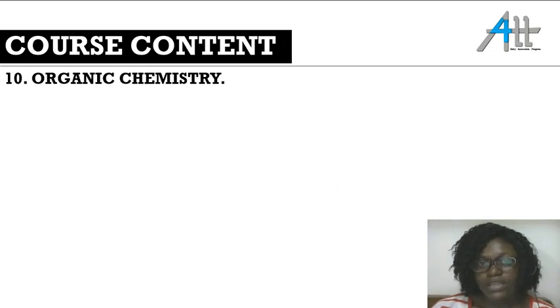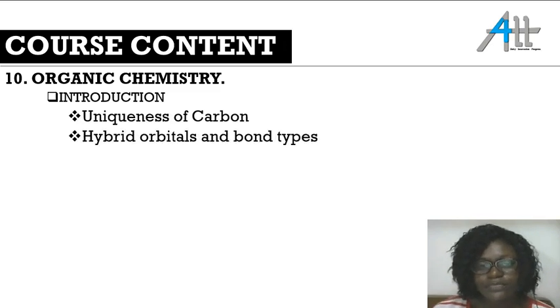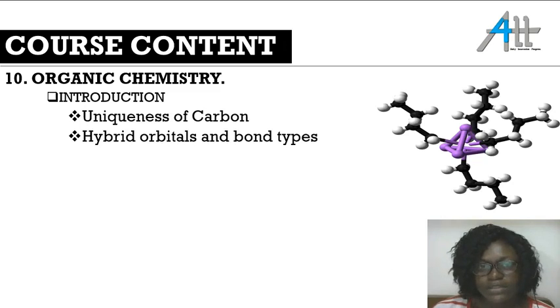We are going to move on to our final chapter, chapter 10, organic chemistry. Under organic chemistry, we are going to begin with the introduction. Under the introduction, we are going to be talking about the uniqueness of carbon, the hybrid orbitals and bond types, functional groups, isomerism.